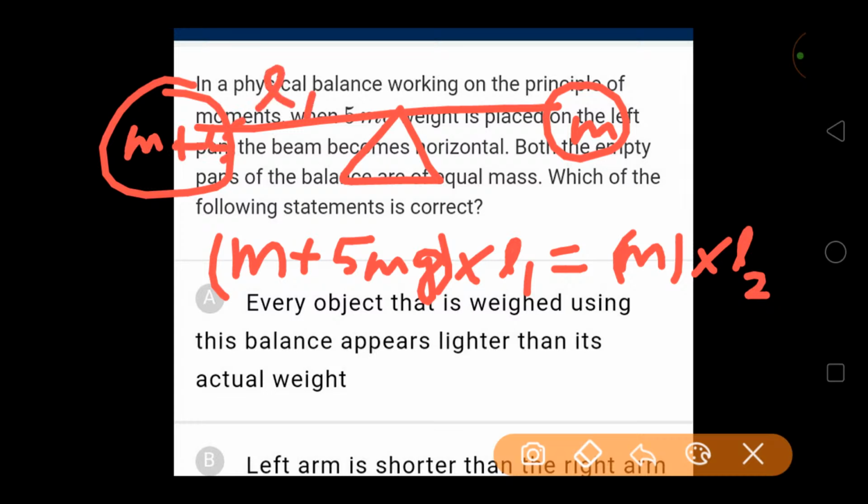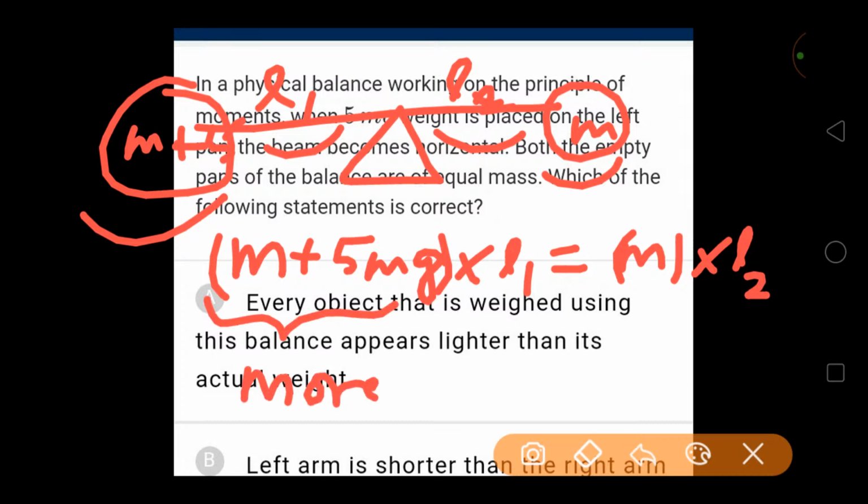This is L1 and this is L2. After placing 5 milligram, the beam becomes horizontal, which means it is balanced. So (m plus 5 milligram) into L1 is equal to m into L2. So which is more here? This is more.